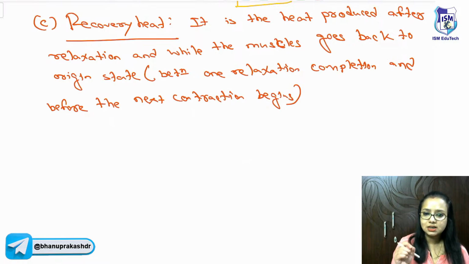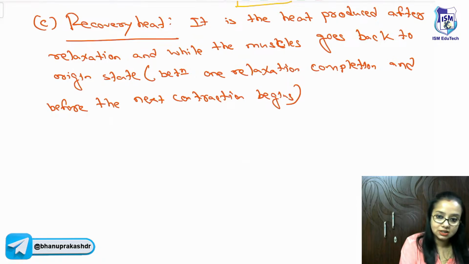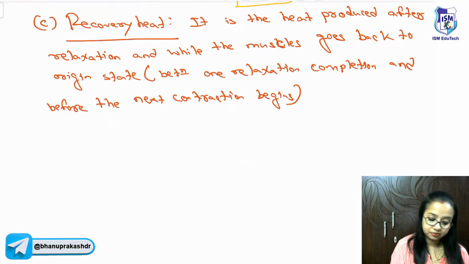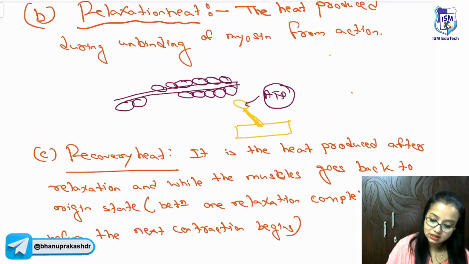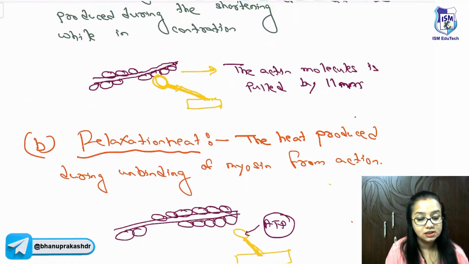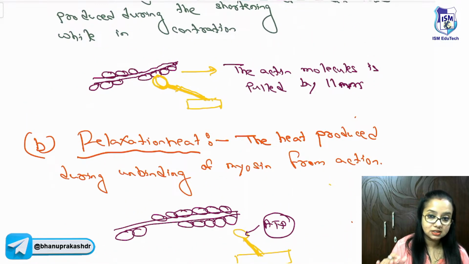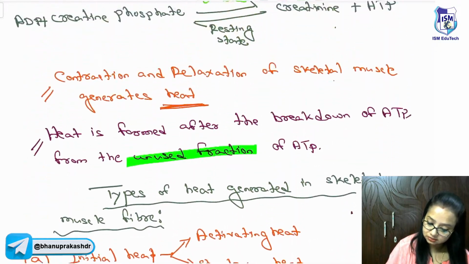It is seen that a little bit of heat is generated during that state, which is called the recovery heat. Okay, so these are the various types of heat that is generated during the contraction and relaxation phase. Okay, hope this concept is clear.